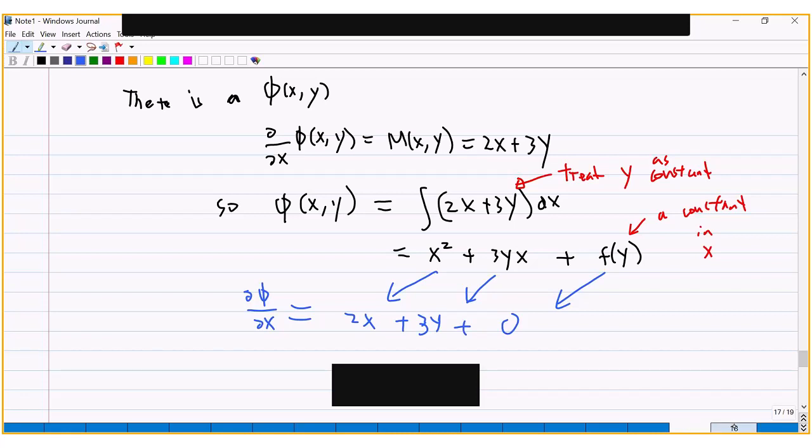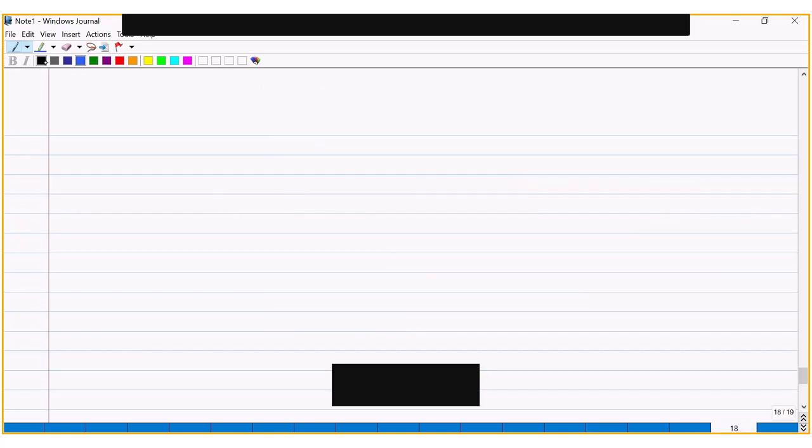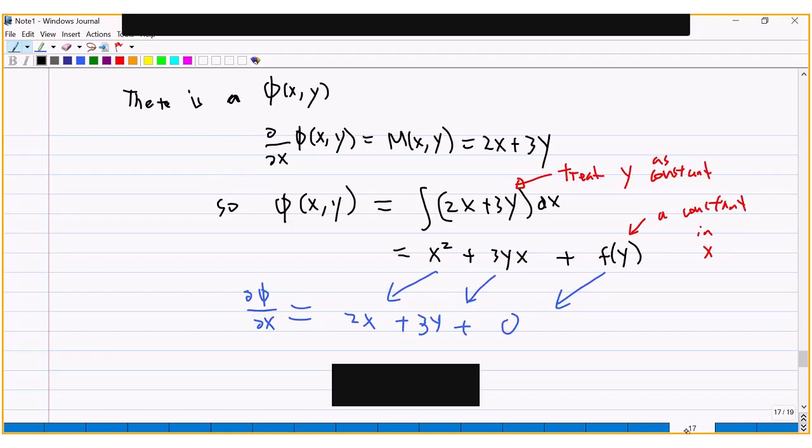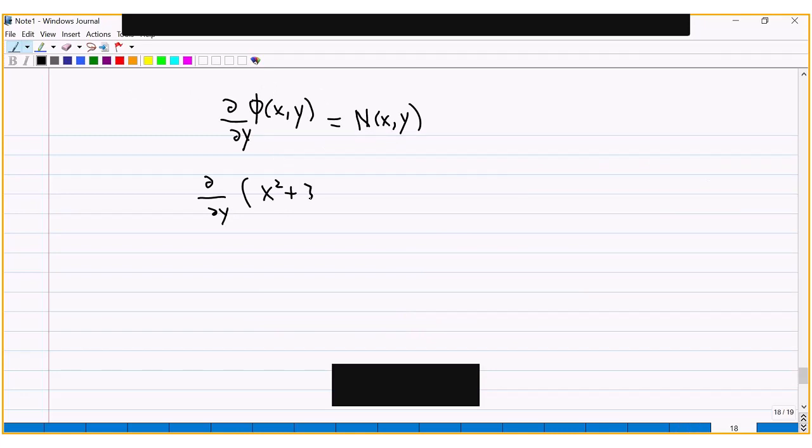We also have the partial derivative with respect to y, which is supposed to give you N. So this is equal to the derivative of x squared plus 3xy plus f(y).